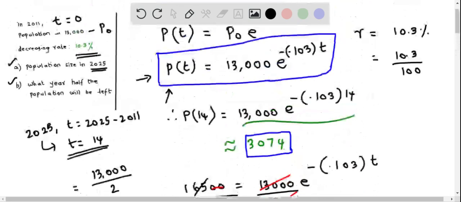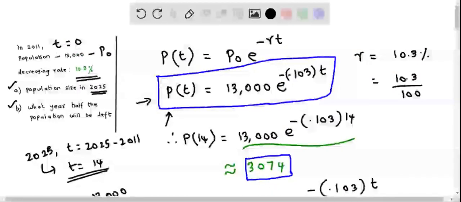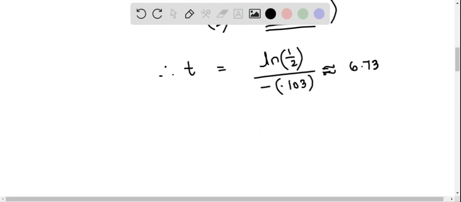And since we have to determine the exact year in which the population becomes half the population, we add the 6.73 to the beginning of the year. That is, the beginning of the year is 2011.